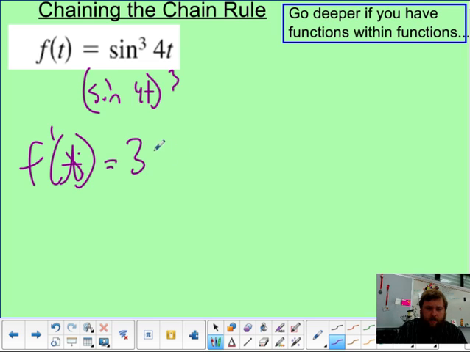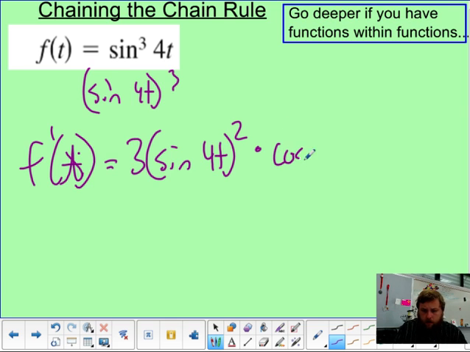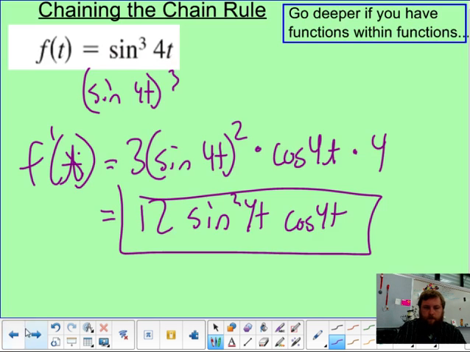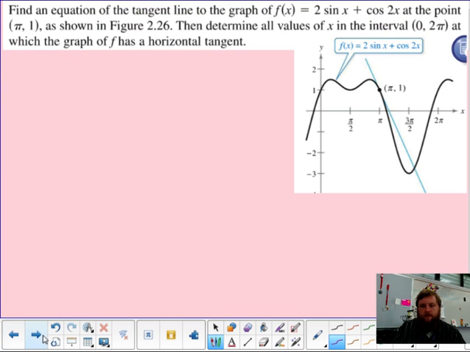So it's going to be 3 times sine of 4t squared, and then the derivative of sine of whatever is going to be times cosine of 4t, and the derivative of the inside, the 4t, is going to be times 4. So cleaning that up, that's going to be 12 sine squared of 4t times cosine of 4t. All right, so you can go deeper. And we're going to save this for class.